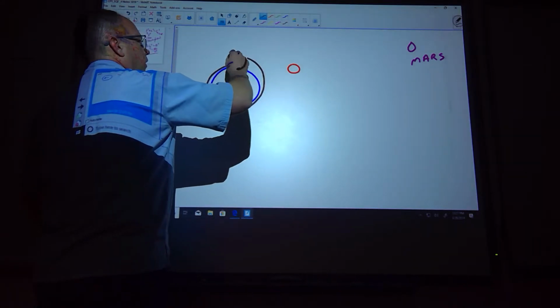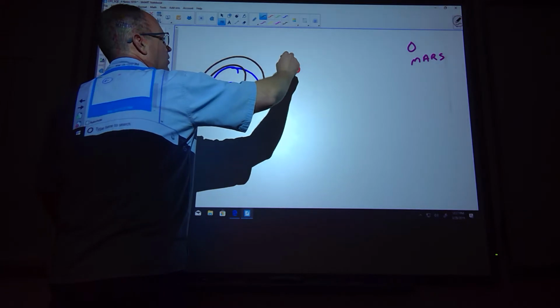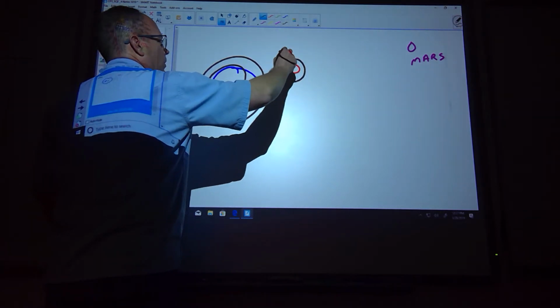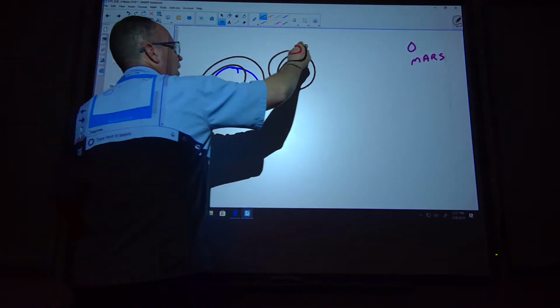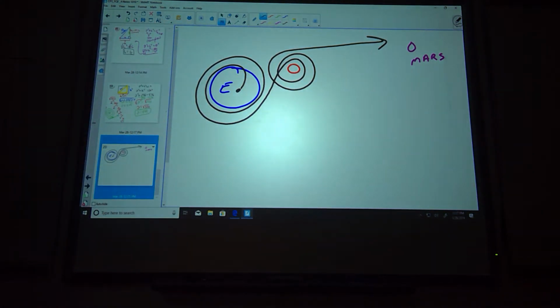And it's going to get a little bit further. And then eventually the moon's going to capture us, and we're going to circle around the moon a few times. And it's going to slingshot us to Mars. So we're going to use the gravity of Earth to break out. And then we don't have any more fuel that we want to burn until we get to Mars. So we use the moon to slingshot us around.